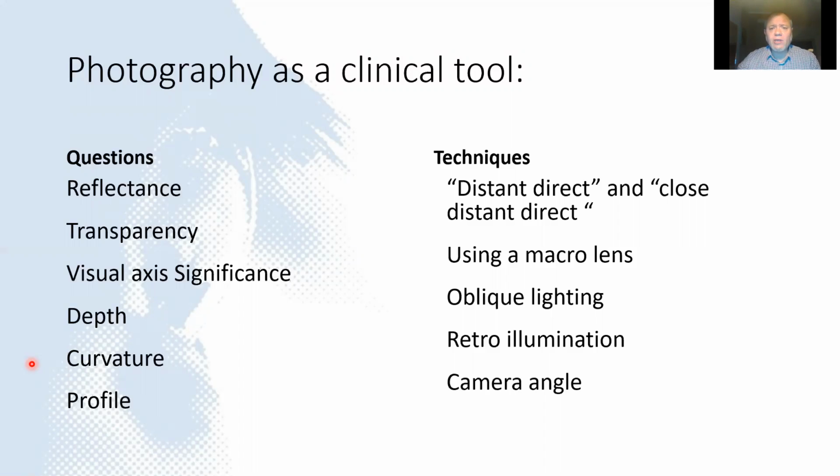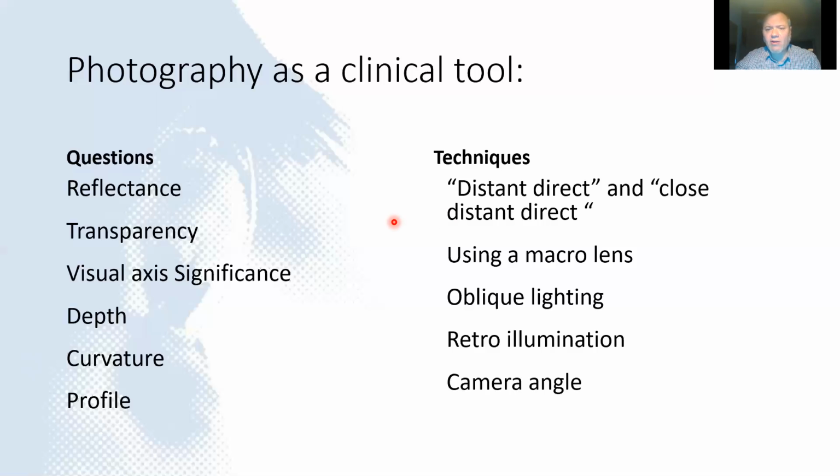And the techniques we're going to use are distant direct, which we would use with an ophthalmoscope at arm's length. We've talked about mimicking that with the iPhone, with our phones, and also what we call close distant direct. So getting as close as we possibly can with the phone, but still having the light on and filling the screen.